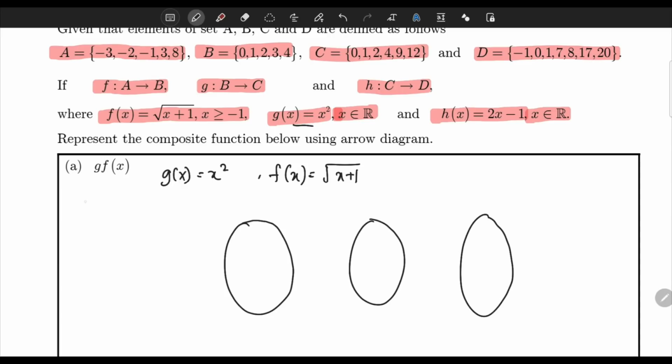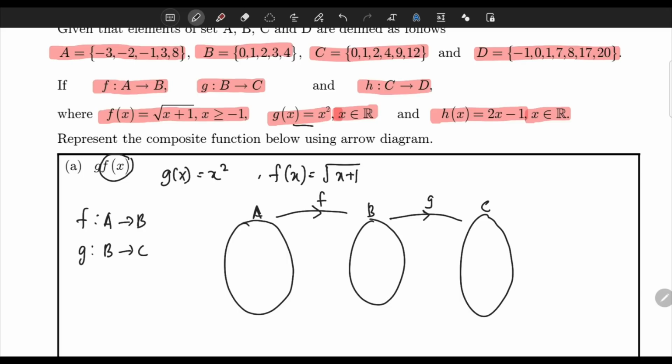We know that f is from A to B, and g is from B to C. We want gf, meaning we do f(x) first, so A to B, this is your f. And then from B to C, that will be your g.